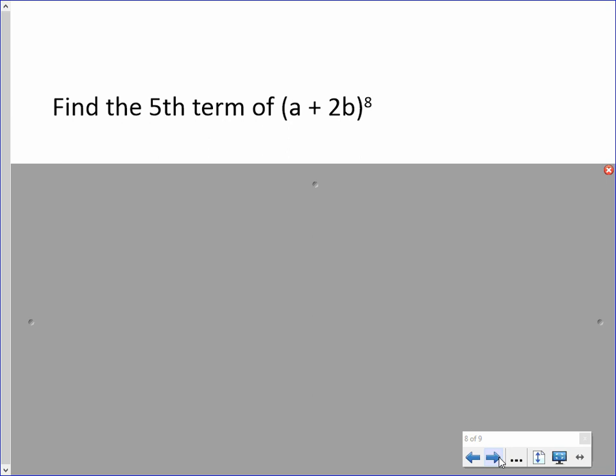I'll let you guys talk with your groups real quick, and then we'll share out ideas. How could you find the 5th term of a plus 2b to the 8th? Then expanding the whole thing? Yes.